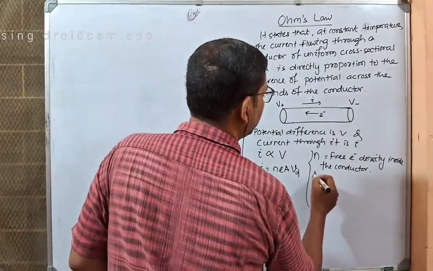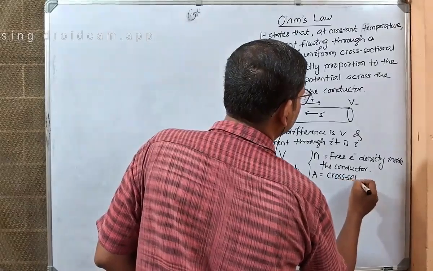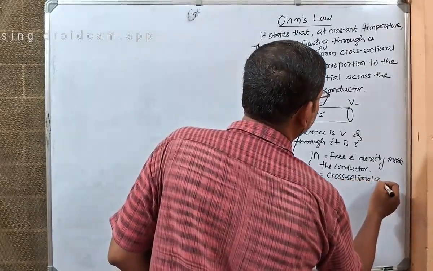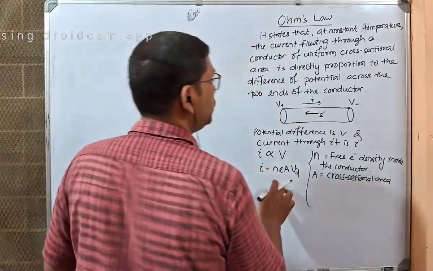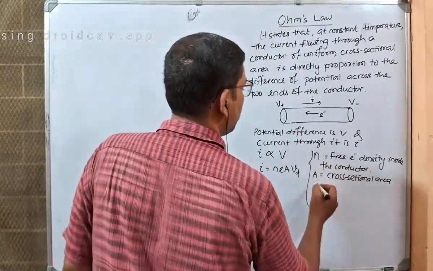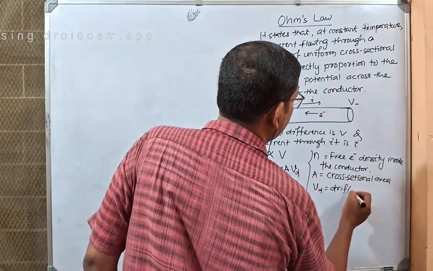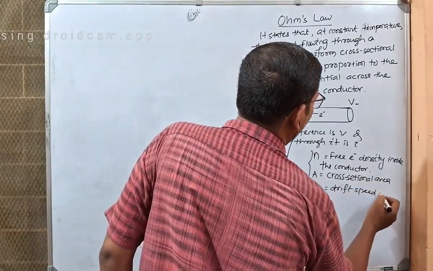A is the cross-sectional area of the conductor, which we choose uniform, otherwise we cannot define the relation like this. And Vd is the drift speed, or drift velocity, of the electrons.